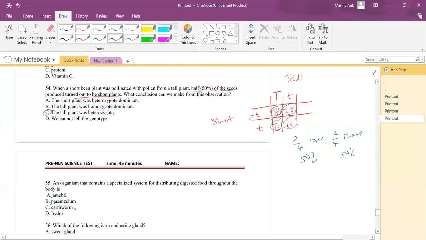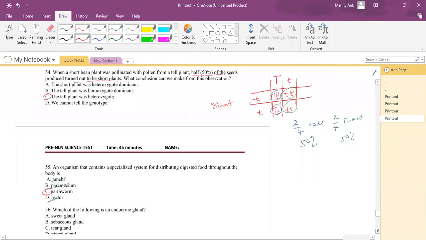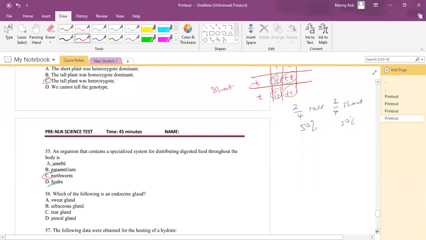Now, earthworm is a more complex organism than all the other ones, right? Hydra is also a tiny organism. It's multi-cell, but it's also not too complex. So it cannot be this. Earthworm is the one that has a well-developed system for distributing food. It's a more complex organism.